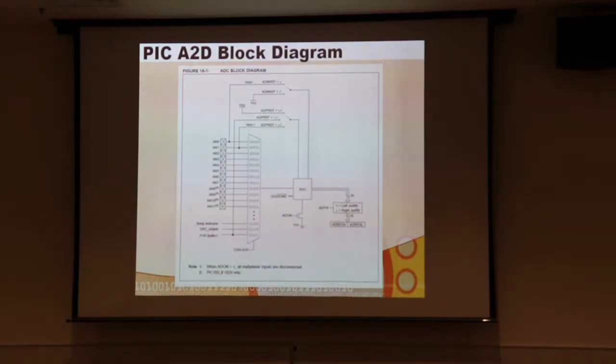Now you can drive this with an interrupt routine if you want to, or you can just drive it with your code. Many of the chips, even in this family and many other micros, have more advanced A to D modules that will actually scan. You can select channels to be scanned, and it'll automatically go through a scan routine. You can have it take 4, 8, 12, 16, 32 signals and average them for you and give you an average signal.